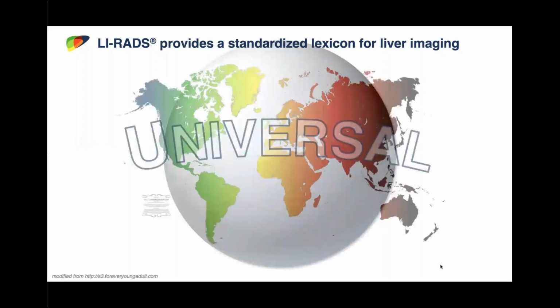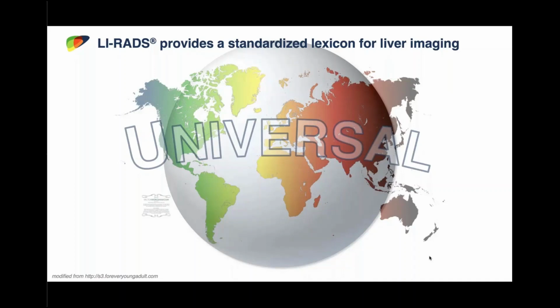And our hope is that by providing a standardized lexicon for liver imaging, it could be used universally around the world, so that radiologists, clinicians, surgeons, patients, etc., everywhere would be using the same terminology when it comes to liver imaging.